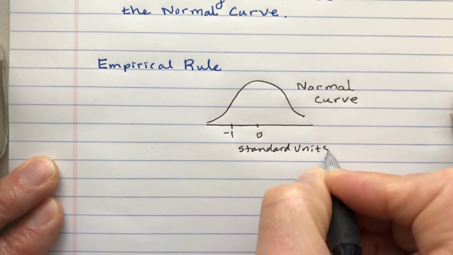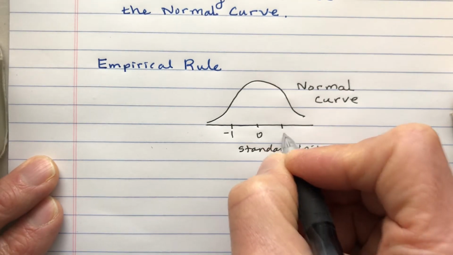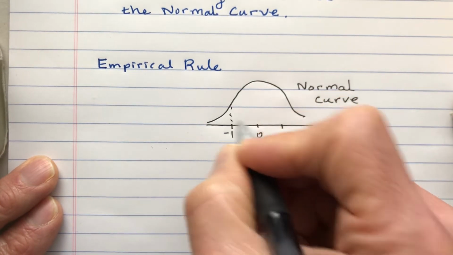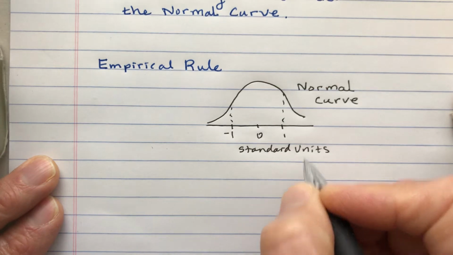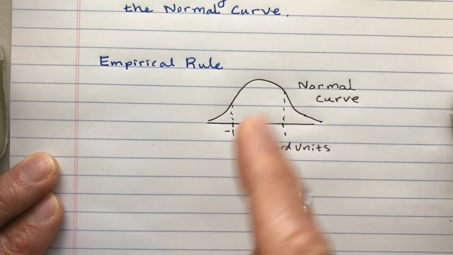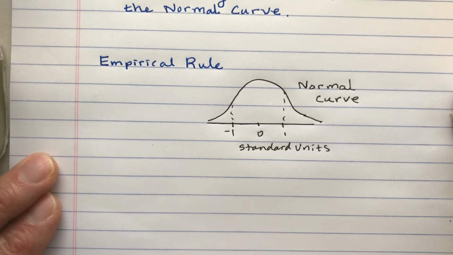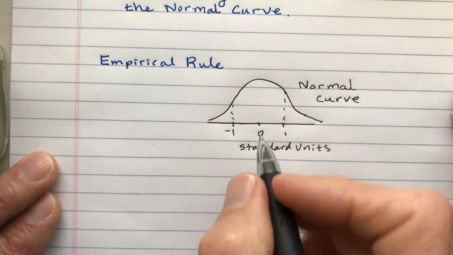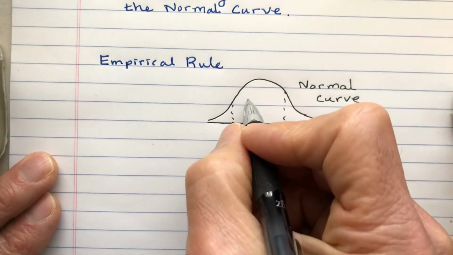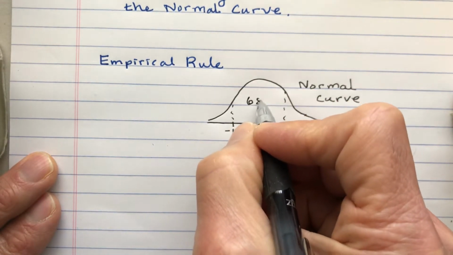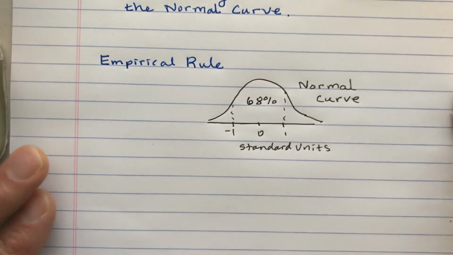It's obviously a rough sketch. It's bell-shaped, but sometimes it comes out better than others. This region that I'm coloring in right now is 68%.